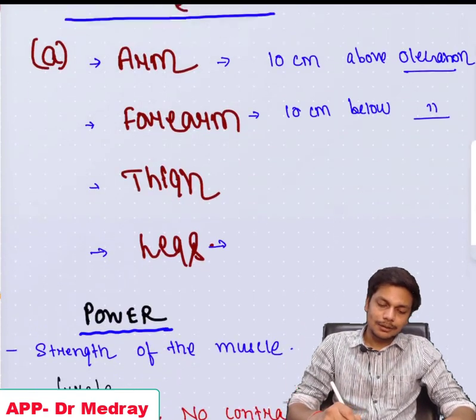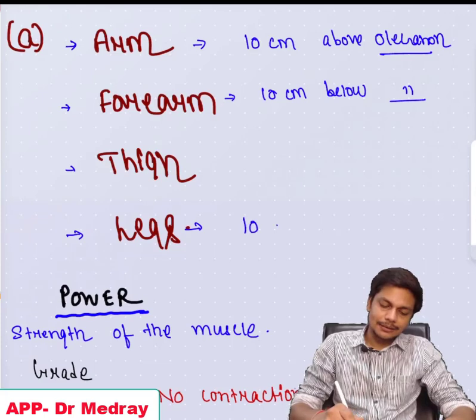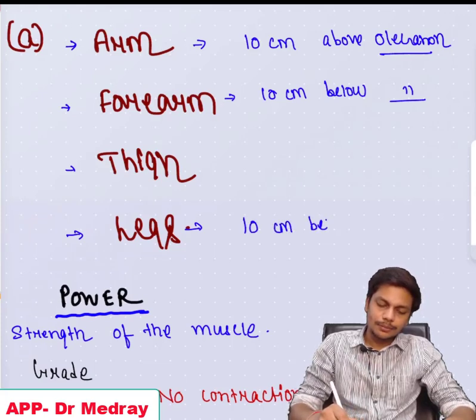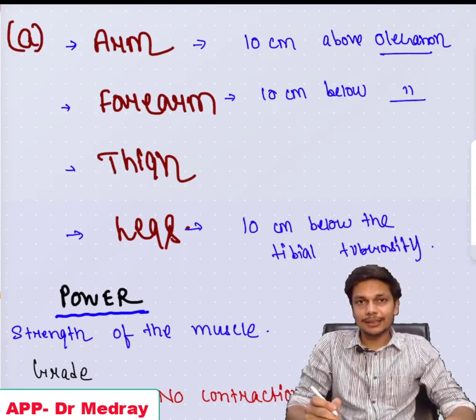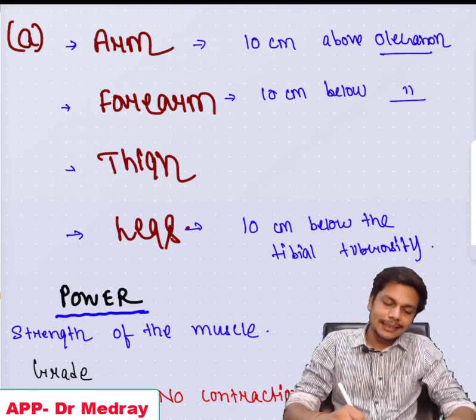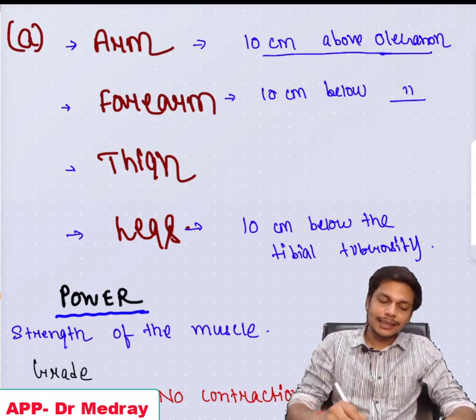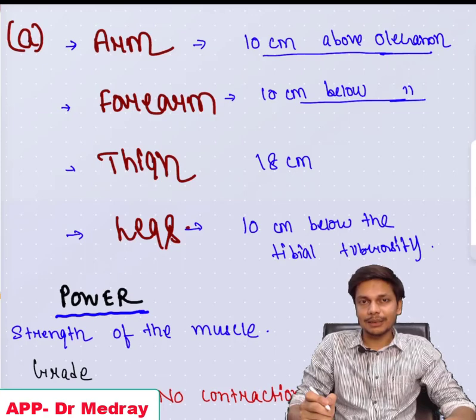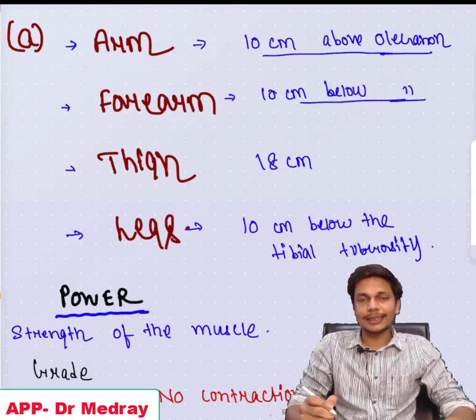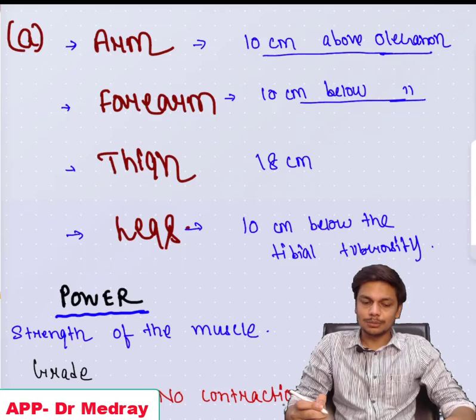In the leg you have to measure 10 centimeter below the tibial tuberosity. So you take a measuring tape and you measure the circumference of the arm 10 centimeter above the olecranon, the forearm 10 centimeter below the olecranon, the thigh 18 centimeter above the knee, and the leg 10 centimeter below the tibial tuberosity.